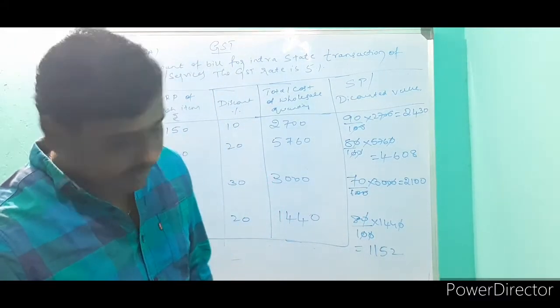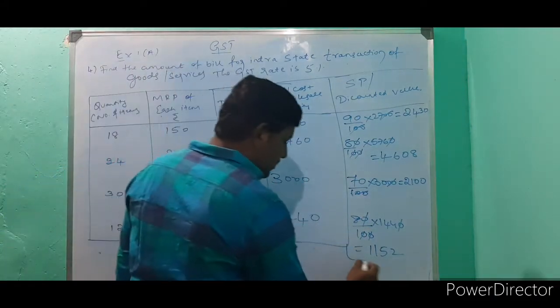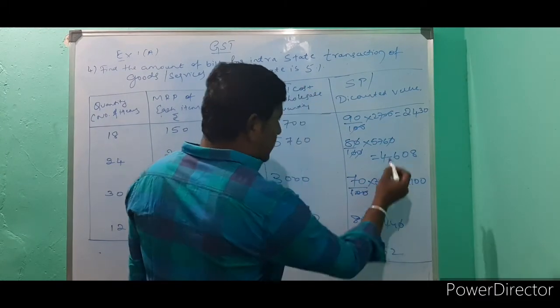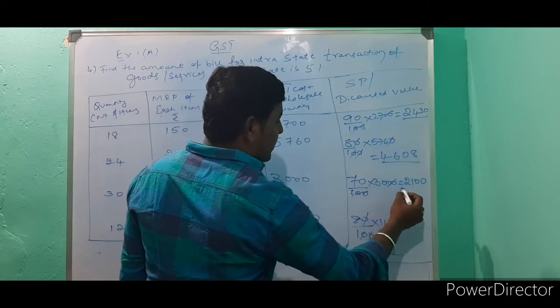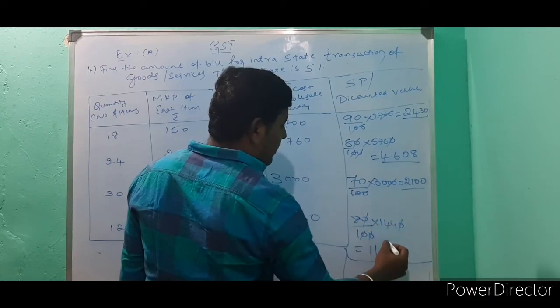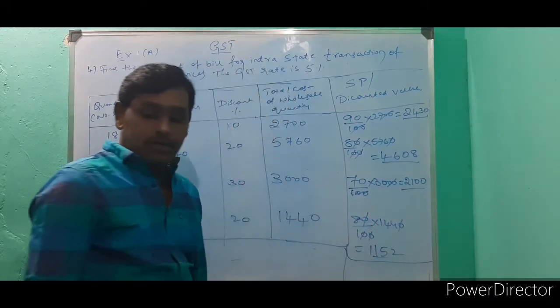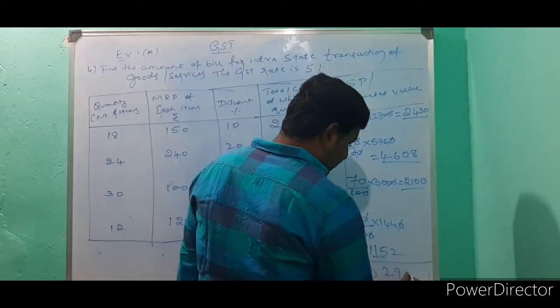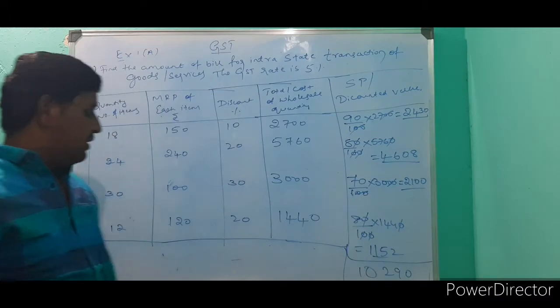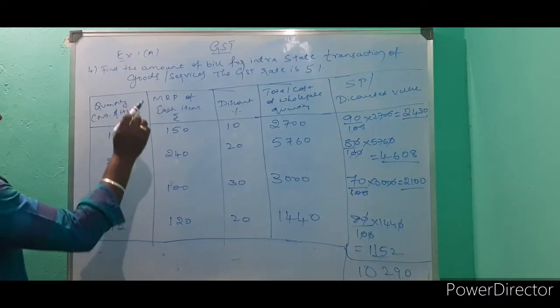After that, you have to calculate the total amount. Add 2430, 4608, 2100, and 1152, and you will get 10,290.